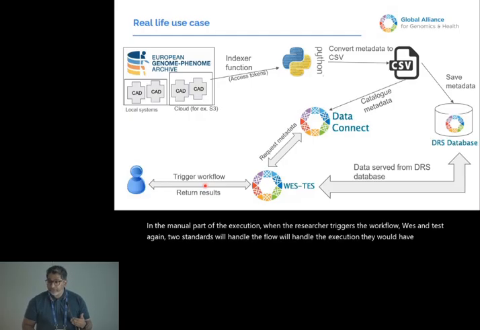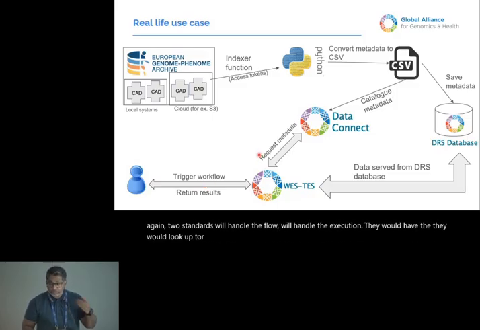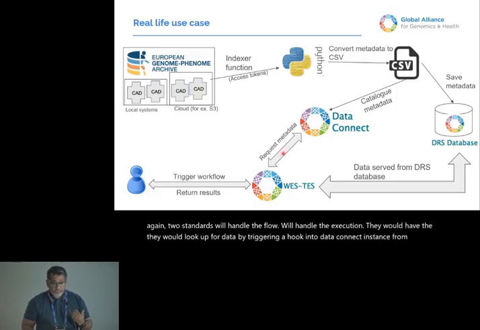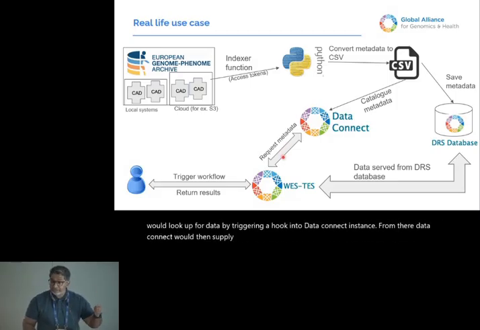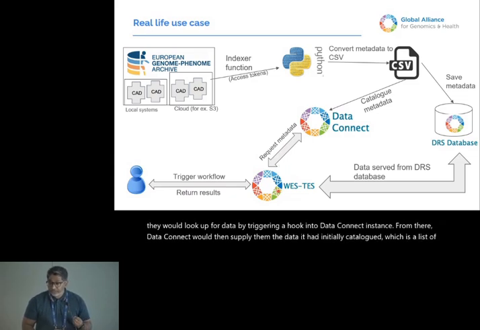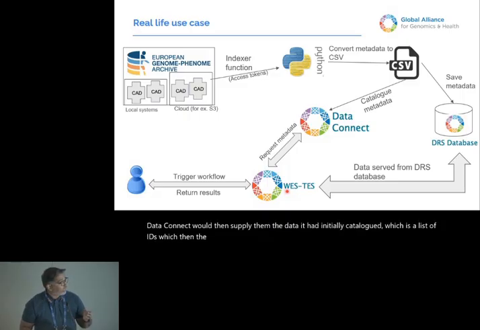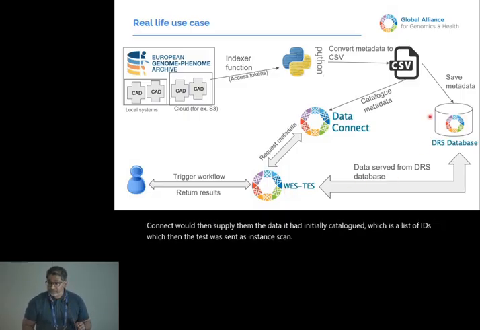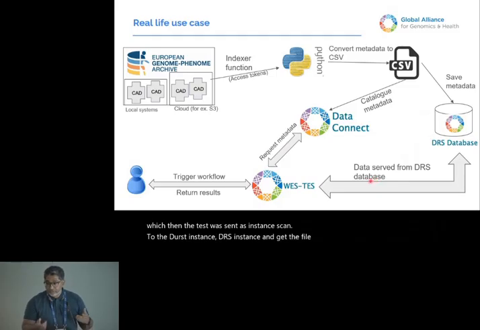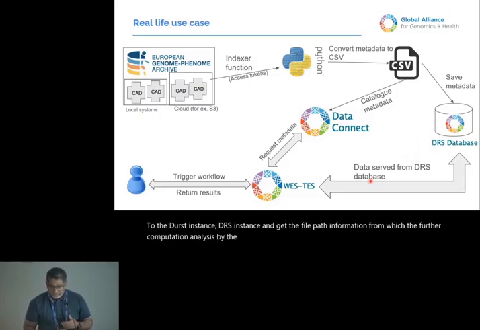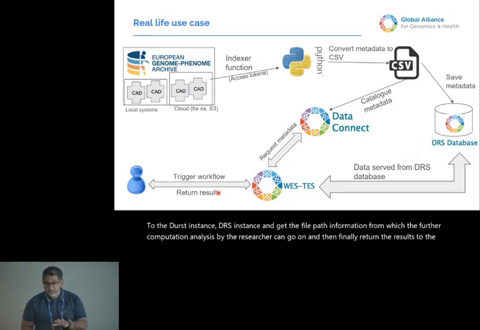They would look up data by triggering a hook into the Data Connect instance. From there, Data Connect would then supply them the data it had initially cataloged, which is a list of IDs, which then the WES and TES instances can use to connect to the DRS instance and get the file path information, from which the further computation analysis by the researcher can go on and then finally return the results to the researcher. So this is the ideal framework.